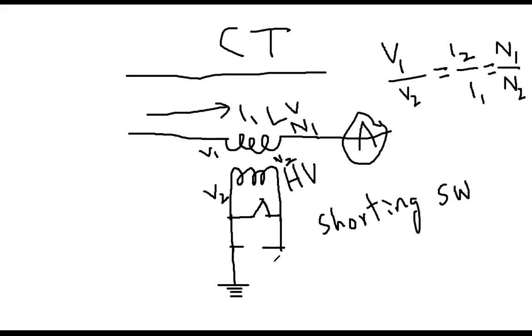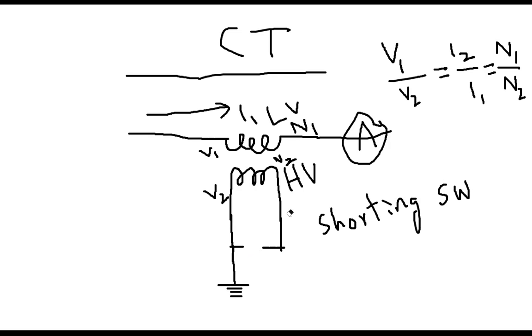So this means that before taking out the ammeter, like initially your ammeter was here, first you short this, first you close the switch. Then it is safe. Now if you take out the ammeter, the secondary is not open. So that's why there is a switch here.